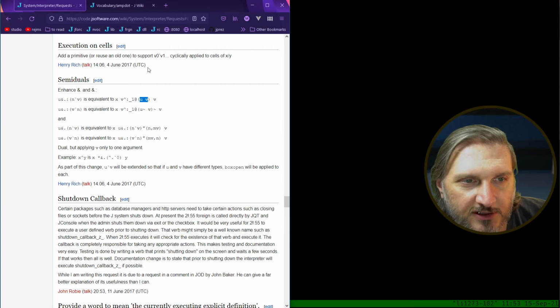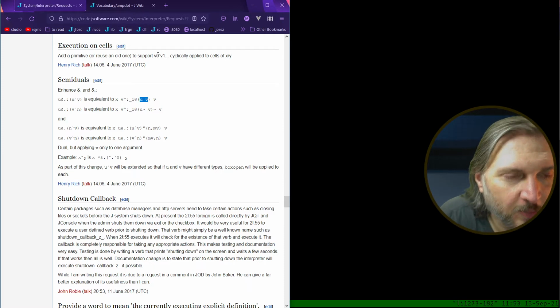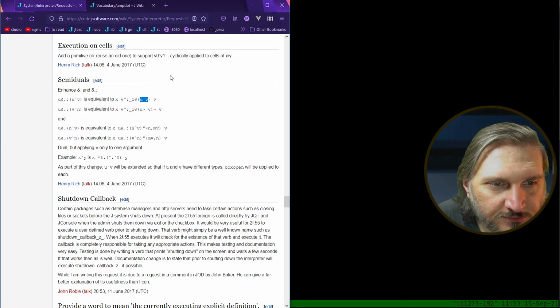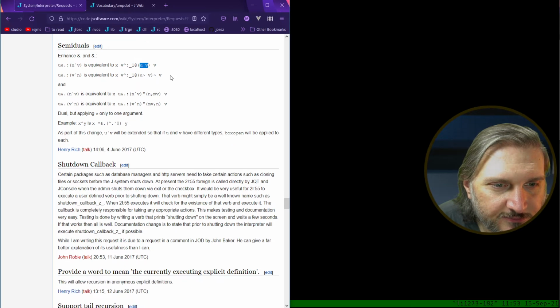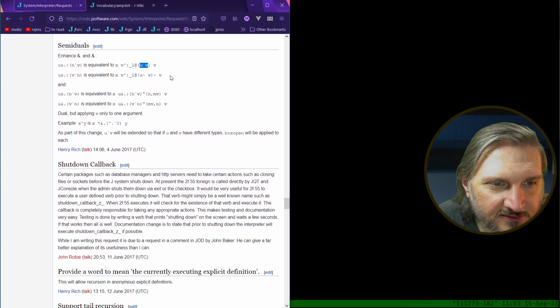And a dyadic hook is a weird thing. I almost never use dyadic hooks. So I really don't know what they mean, but obviously Henry uses them.